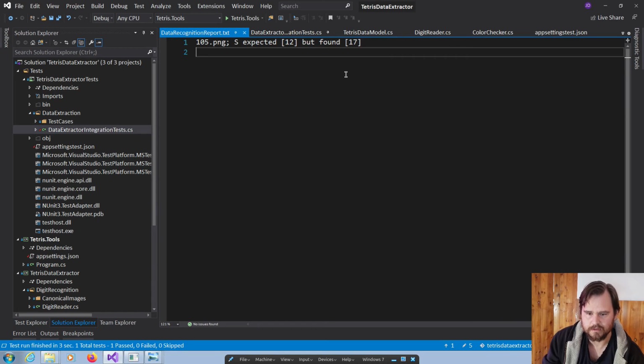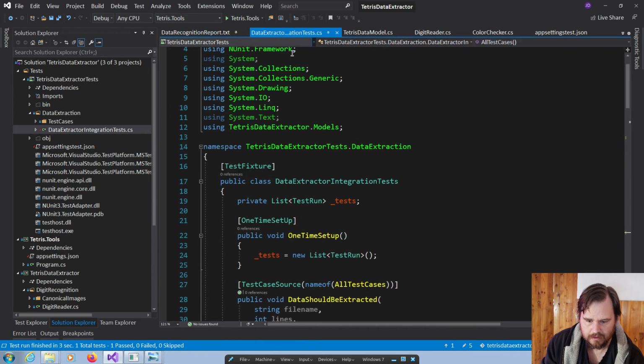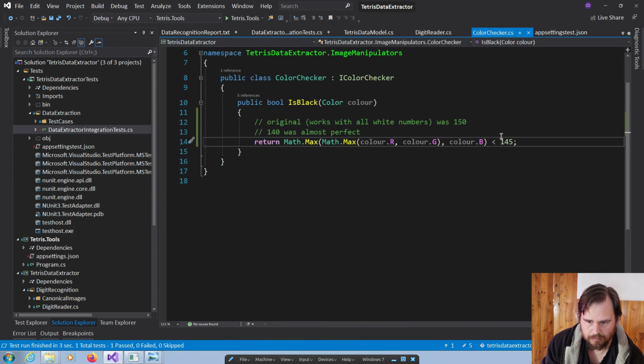We still found 17. So let's, oh no. Yeah, because we want to allow more pixels to be non-black. So 45 wasn't good. What about 48?